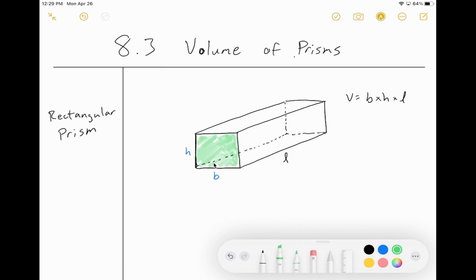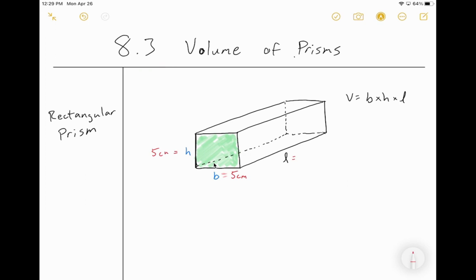So let's just give it some numbers so you guys can see. Let's say this base was 5 centimeters, this height was also 5 centimeters, and this length was 8 centimeters. So our volume would simply be base times height times length. 5 is the base, times the height, which is 5, times the length, which is 8.